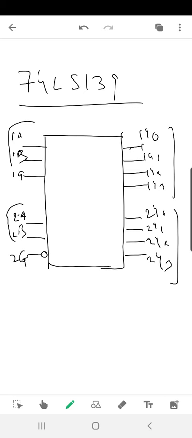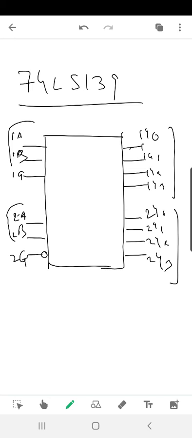When we talk about our function table, if we say that this is acting as both active high as well as active low, and we need to work this as active high, we will only provide the inputs to 1A, 1B and 1G, and similarly we will obtain the output at 1Y0, 1Y1, 1Y2 and 1Y3 corresponding to that.